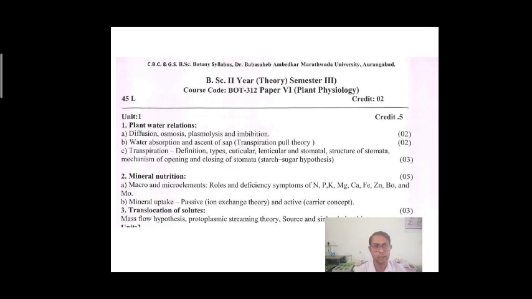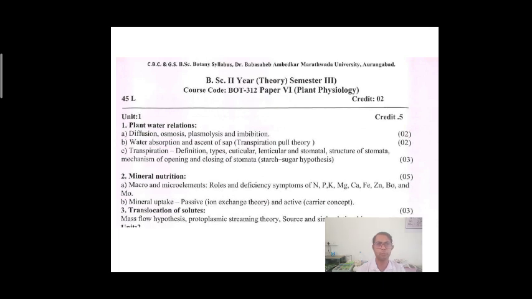To transfer water from the roots to the plant, there are different mechanisms, which include water absorption and ascent of sap. Then the third part of part 1 is transpiration. As we know, the plant also utilizes water and removes the water which is not useful, or which is extra, and that is done by the process known as transpiration. How transpiration takes place, we are going to look at under the heading transpiration.